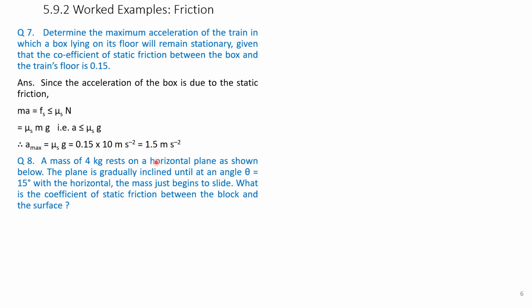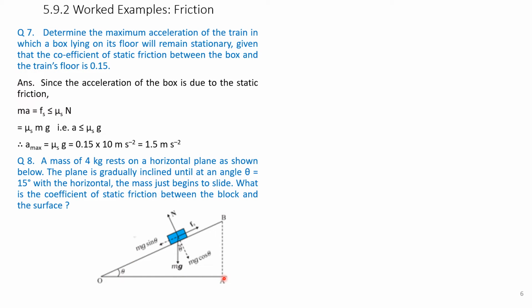Next question. A mass of 4 kg rests on a horizontal plane as shown in the given figure. The plane is gradually inclined until an angle theta equal to 15 degrees. So this plane on which the mass rests is moved to achieve an angle of 15 degrees with the horizontal.